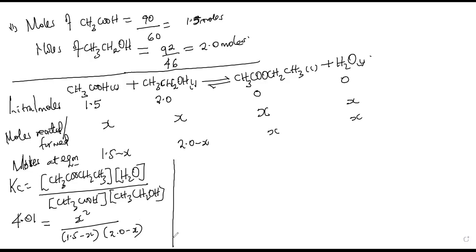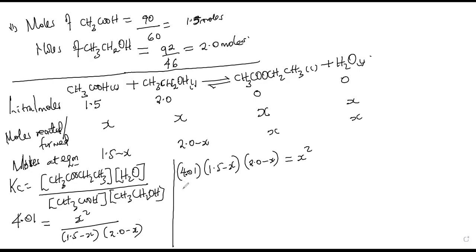Now here we shall employ our math. So our math is such that 4.01 times 1.5 minus X times 2.0 minus X is equal to X squared.